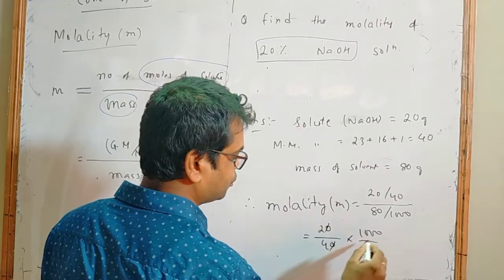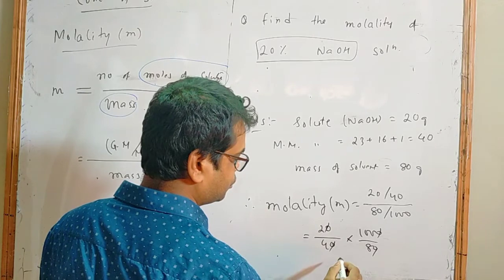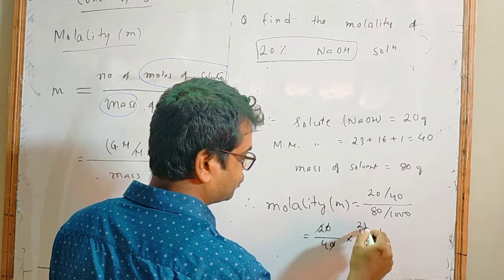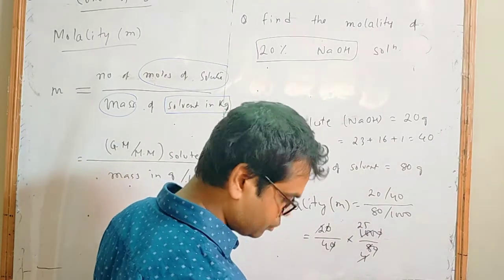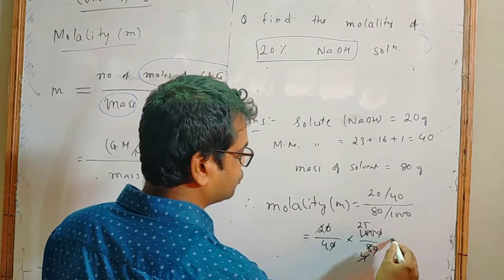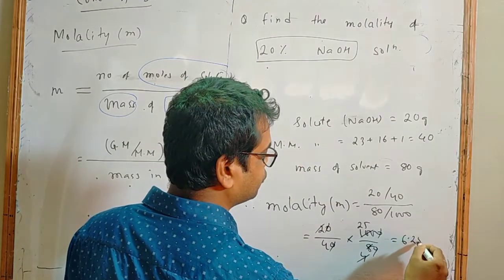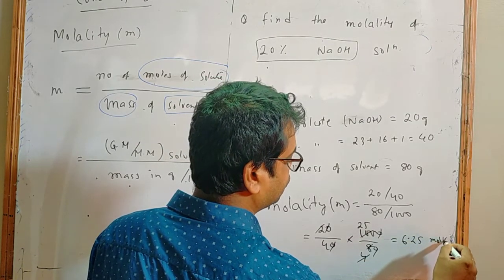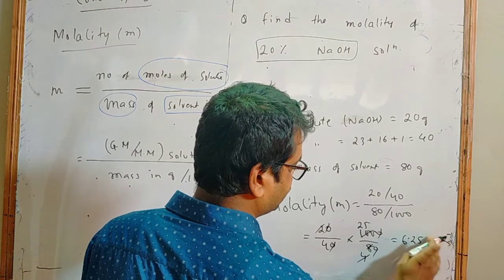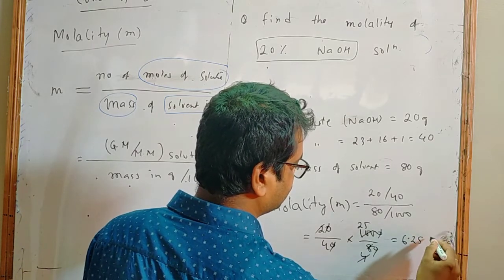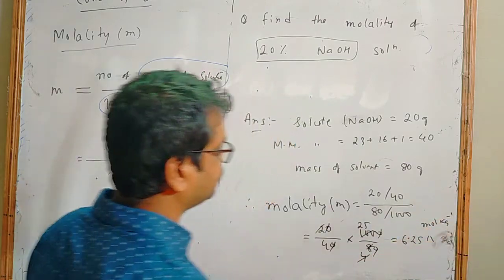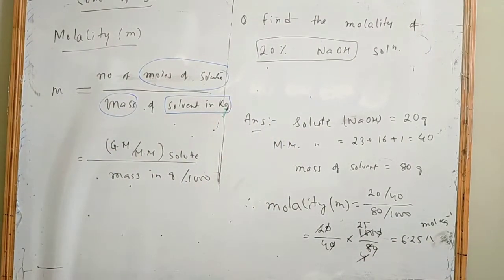Zero zero goes, zero goes, it is 4, this is 25, so that turns out to be 6.25 mole per kg. Unit is your mole per kg. So this is what you have to write.